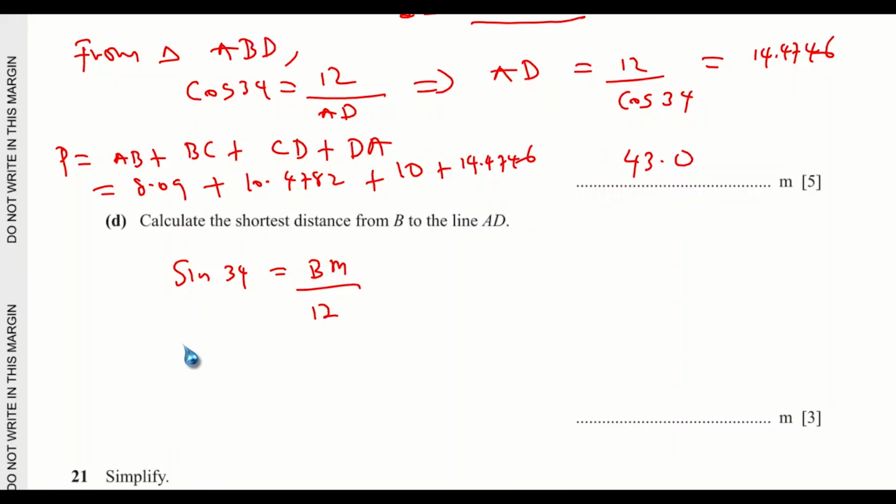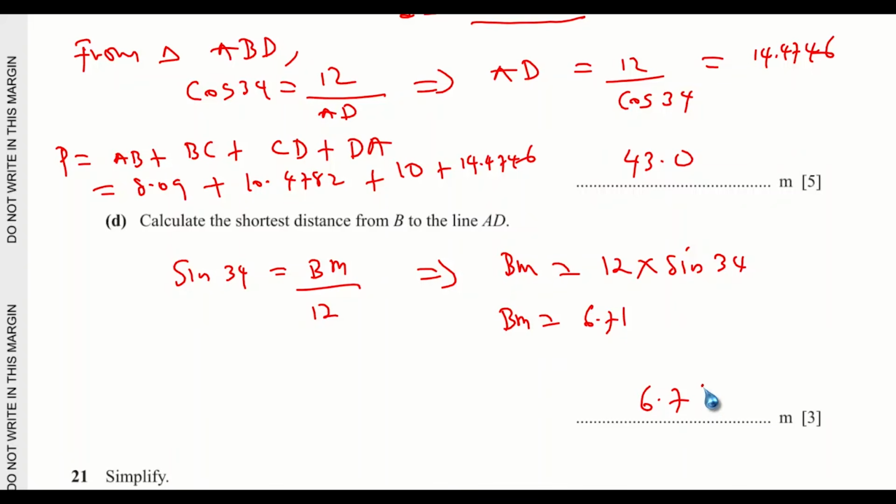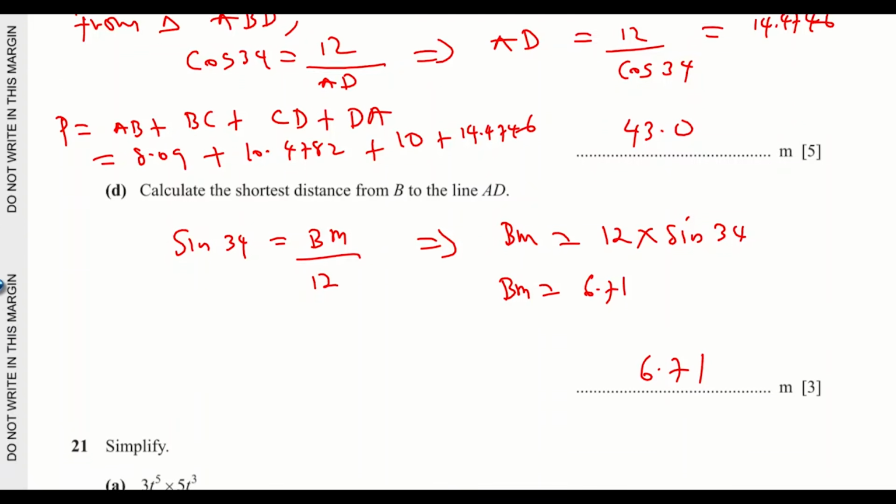So this implies BM is equal to 12 times sine 34. So you can input this into your calculator straight away, and that will give you 6.71 to 3 significant figures. So BM equals 6.71, to 3 significant figures. Good.